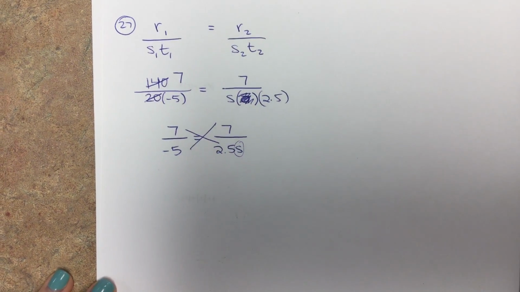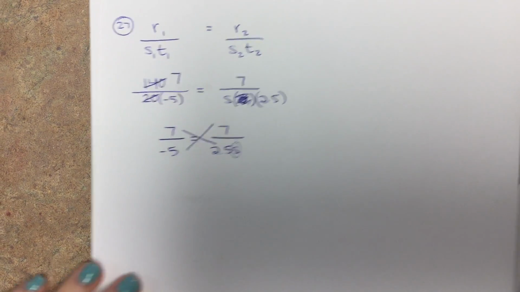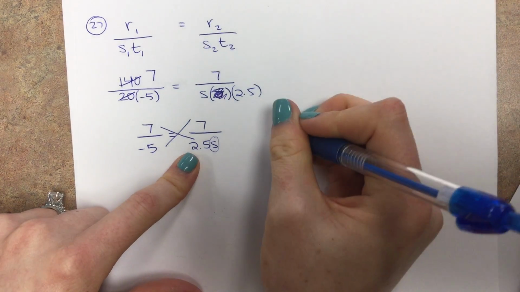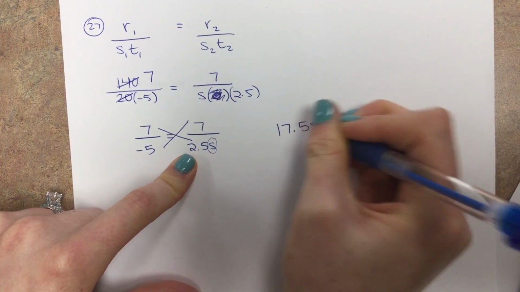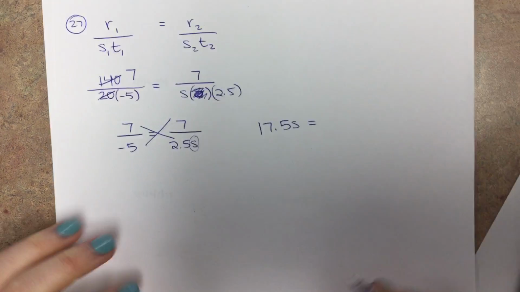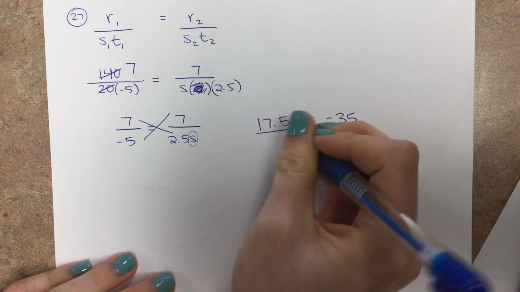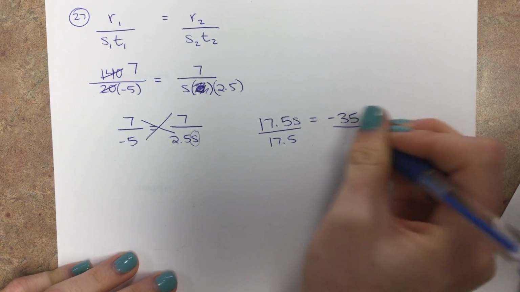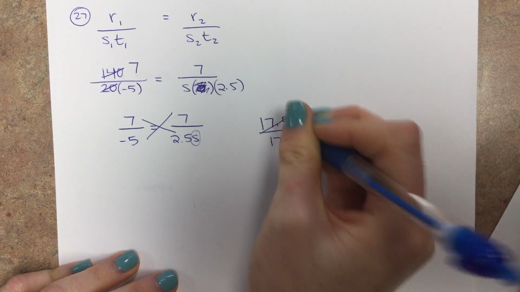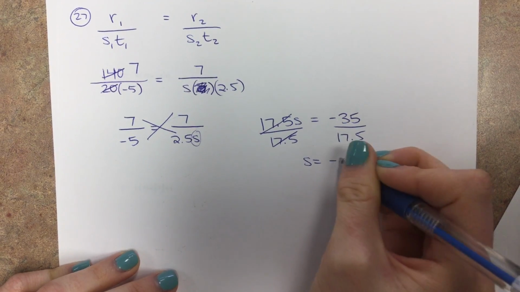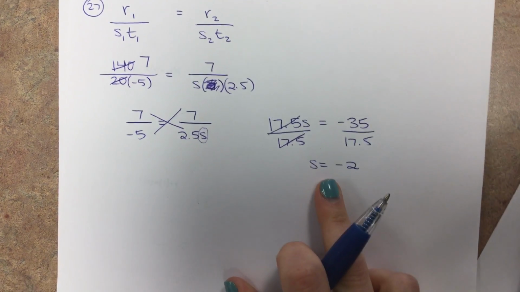I think that's the best way to get the variable safely out of the denominator. So cross multiply here, you will have 17.5S equals, and then cross multiply here, you'll get -35. So to get the S by itself, we're going to divide both sides by 17.5. You could use a calculator for this, but it does reduce down to -2. Okay, so that's one way, cross multiplying.